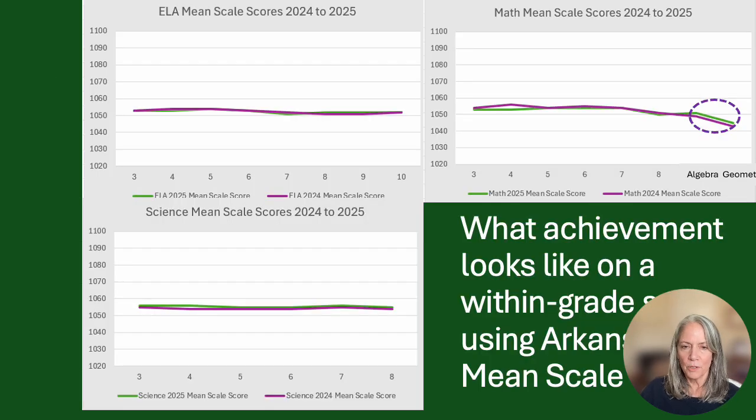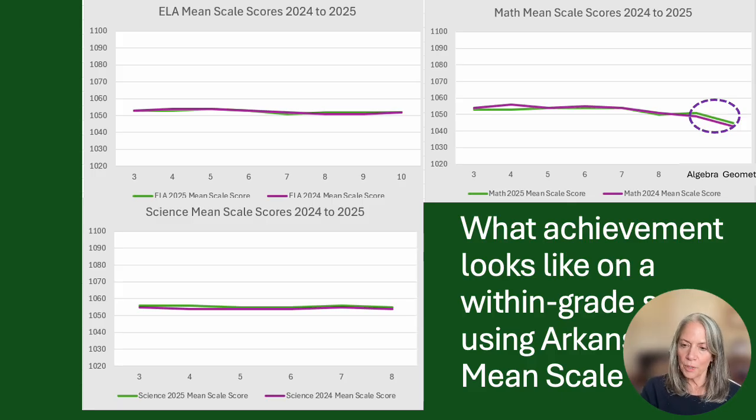So this becomes important because we have a within grade scale. If you were to just look at achievement within grade from year to year, it's going to be hard to judge year-to-year growth in achievement the same way we can with a value-added model.